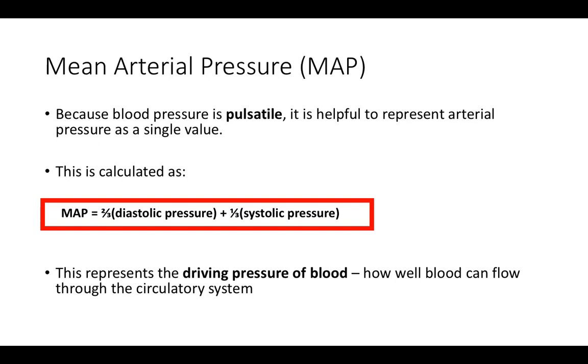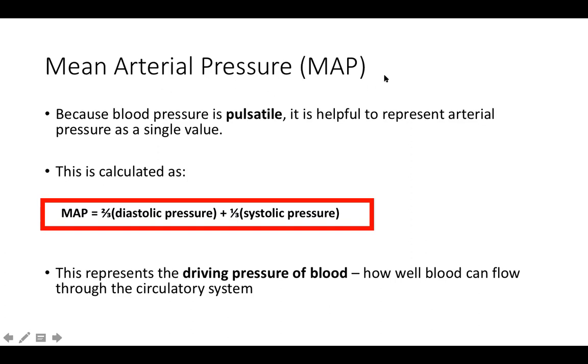Is the top number more important, or is the bottom number more important? And the answer is that both are equally important. And so it's actually quite useful for us to represent blood pressure as a single value. And we can do that by getting the average of the two numbers. And so we refer to this as mean arterial pressure.